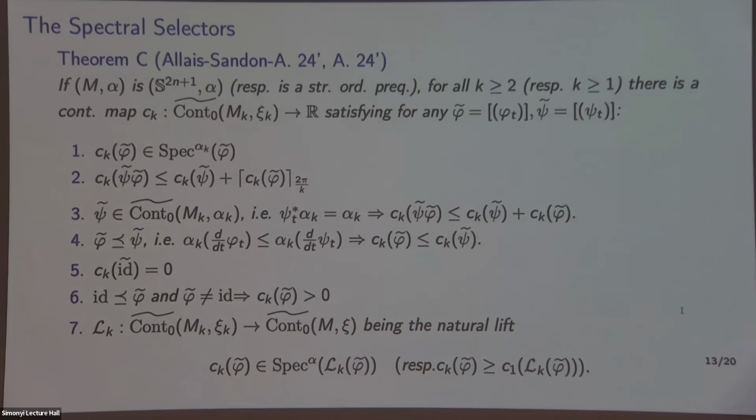And then you have some kind of compatibility. So if you are in the case of the sphere, C of phi tilde is an element of the spectrum of phi tilde. It's even an element of the spectrum of the lift of phi tilde to the sphere. Okay. And this is for the sphere.